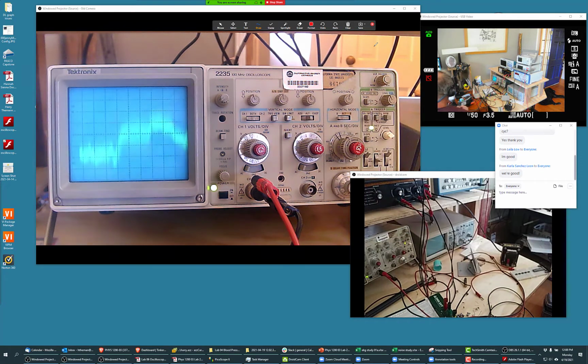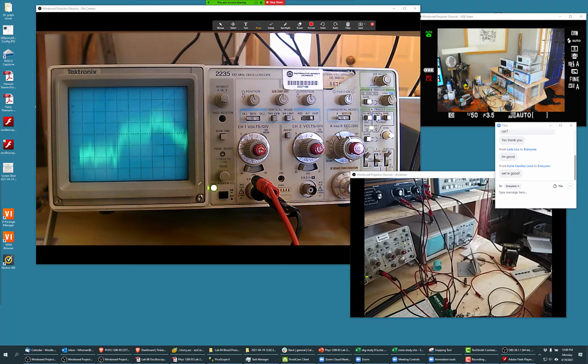And now we speed it up, and we can see there's this wiggle. We lose it a little bit there, but here it is. So there's that wiggle. You can sort of see the peaks. But of course, there's other wiggles within those wiggles.